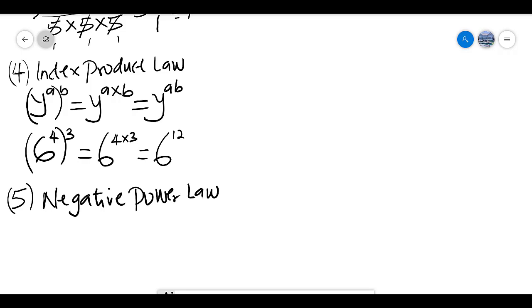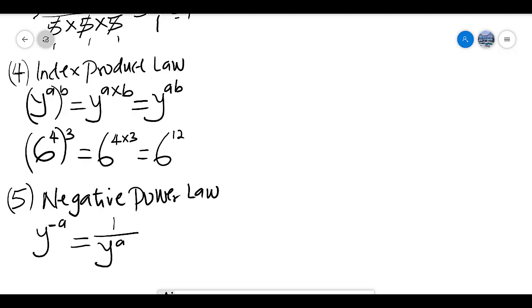Sometimes you see an expression like this, y raised to the power of minus a. Now, this expression is the same as 1 over y raised to the power of a. If you look at that expression, you will observe that the negative sign left.